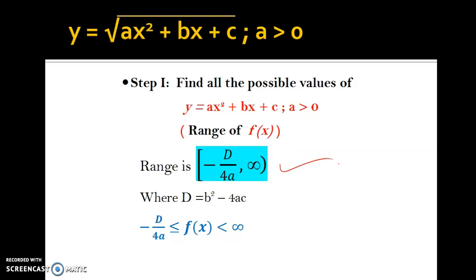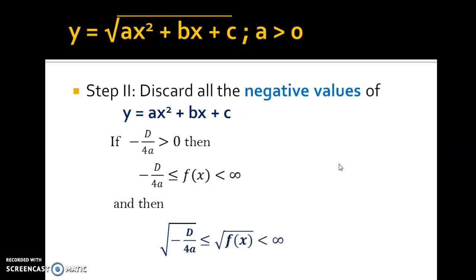Next, we plot this on the graph. Now the range is from minus D by 4a to infinity. It is on the y-axis. If minus D by 4a is greater than 0, then the point minus D by 4a is somewhere here.